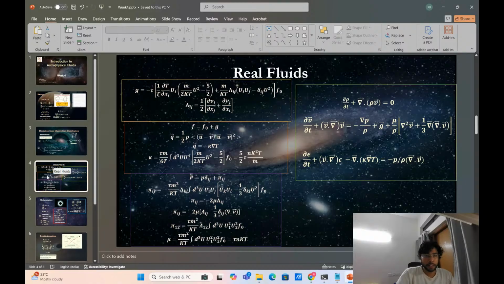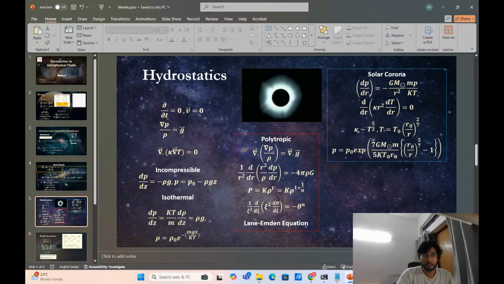So now we have derived these equations, and we will see the implications of these equations in astrophysics. Now this will be a bit interesting. Okay, hydrostatics. From the name, it describes some fluid which is in static equilibrium.